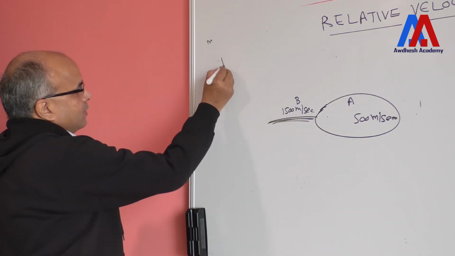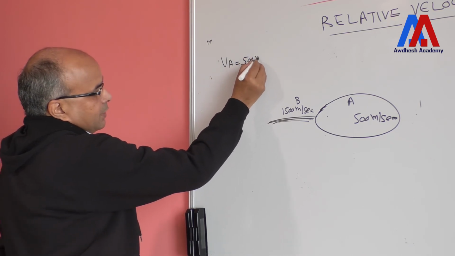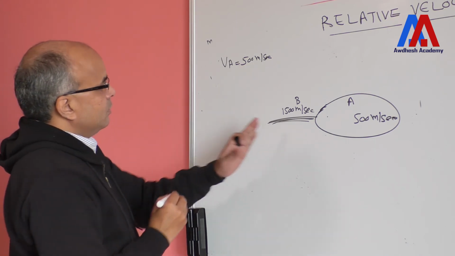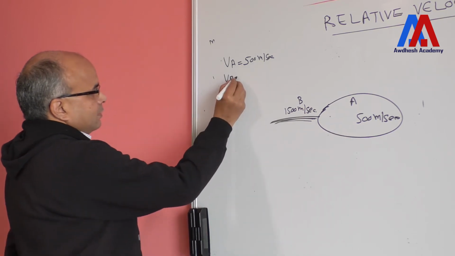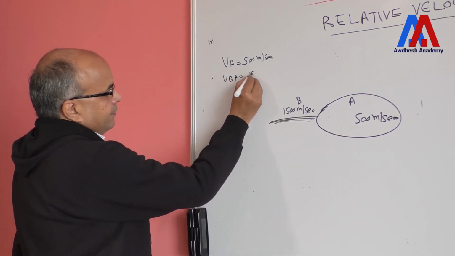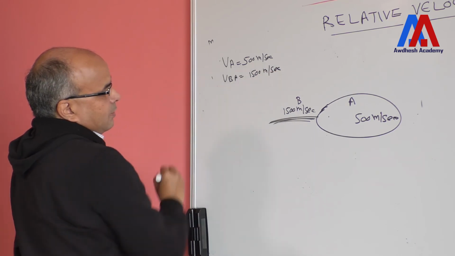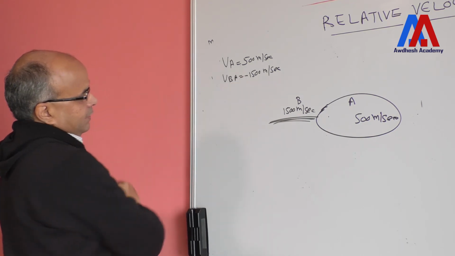So, we know here VA is equal to 500 meter per second. We also know VB with respect to A is 1500 meter per second, but we can see that A is moving in the positive direction, so this will be in the negative direction.